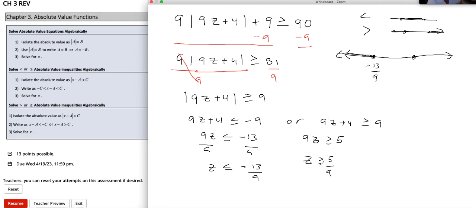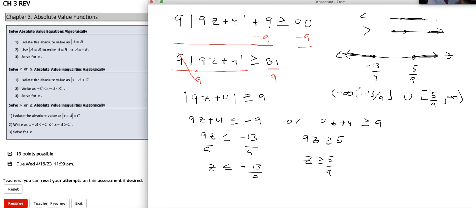And z is greater than or equal to 5 ninths, so that would be going that way. You're going from negative infinity up to negative 13 ninths, and that's solid, so I would use a bracket, and then union from 5 ninths up to infinity.